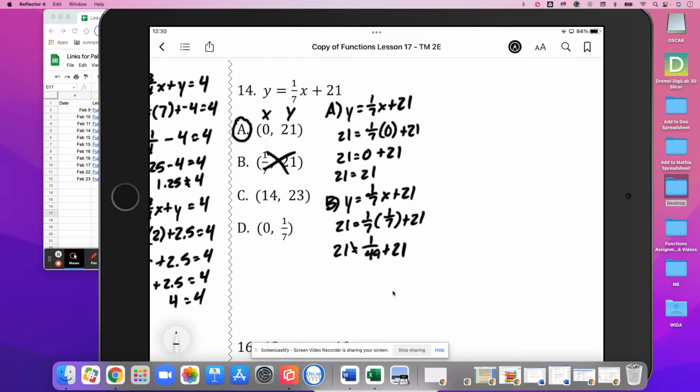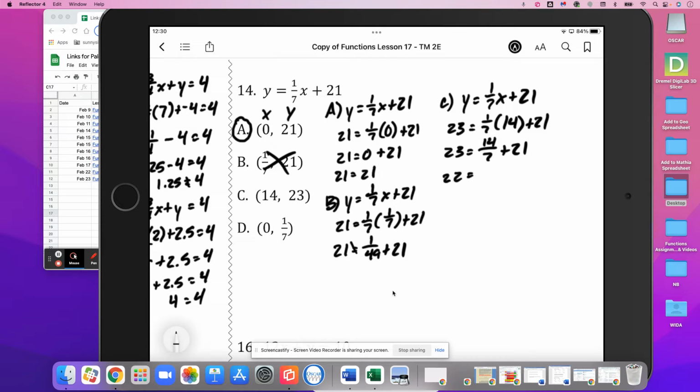So B is not going to satisfy this function. So y equals 1/7 x plus 21. We have 23 is equal to 1/7 times 14 plus 21. 23 equals 14/7 plus 21.